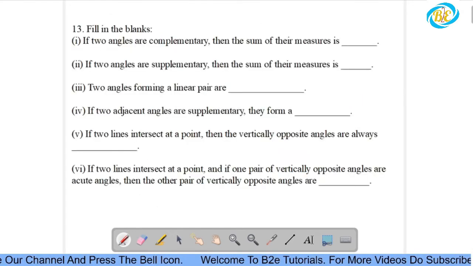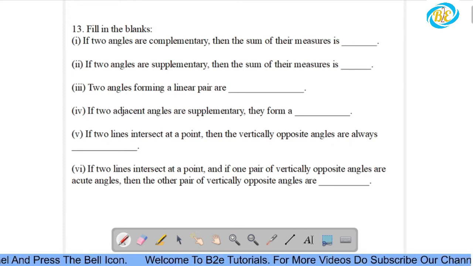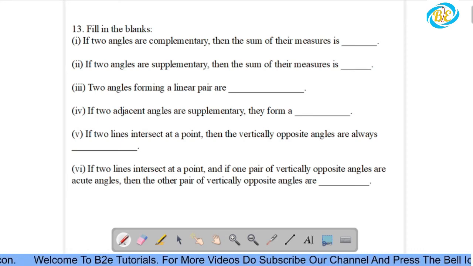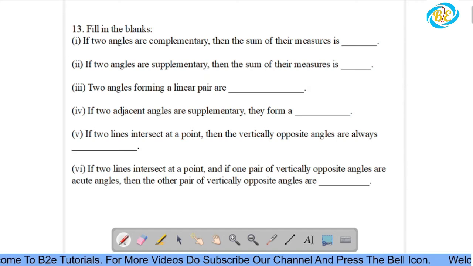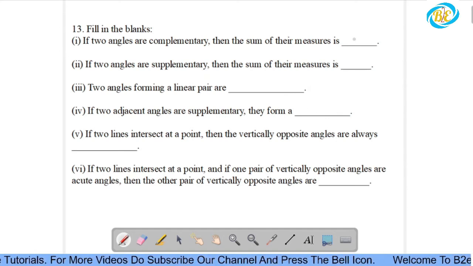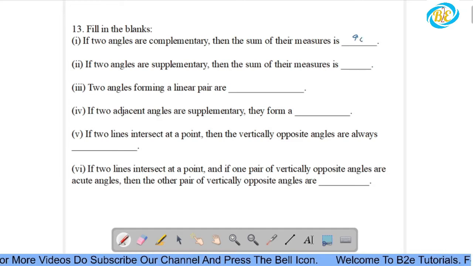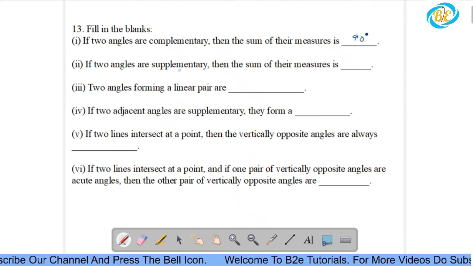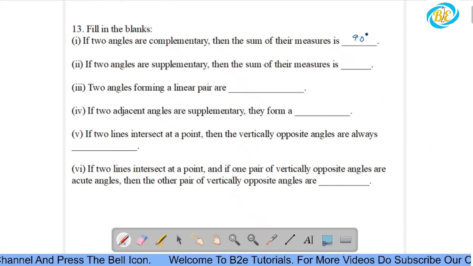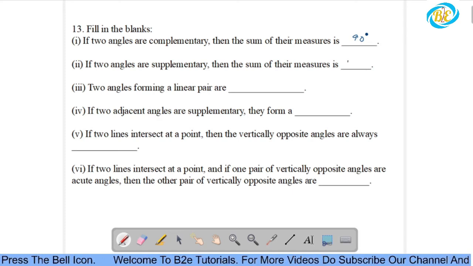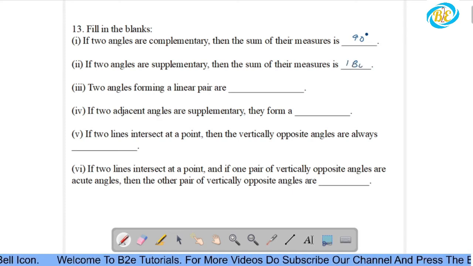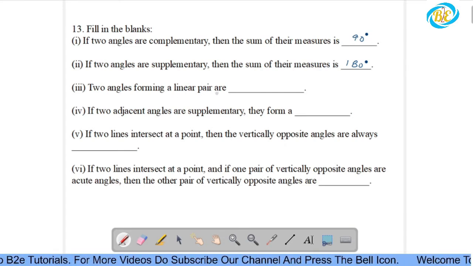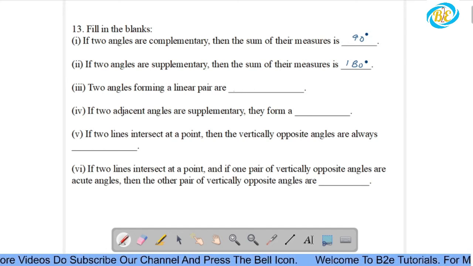Come to next. Question number 13. Fill in the blanks. If two angles are complementary, then the sum of their measure is 90 degree. Second part, if two angles are supplementary, then the sum of their measure is 180 degree. Two angles forming a linear pair are supplementary.